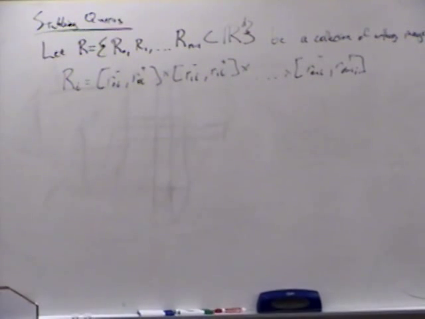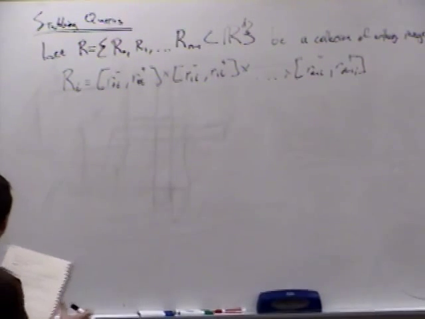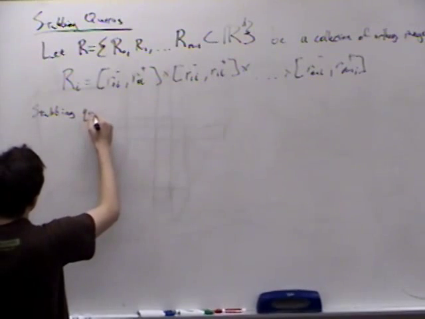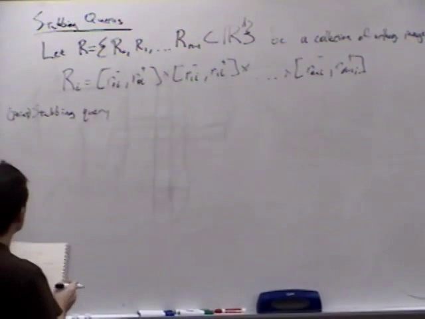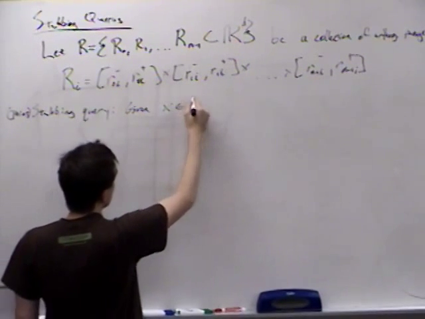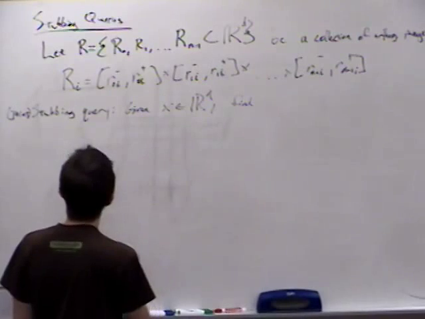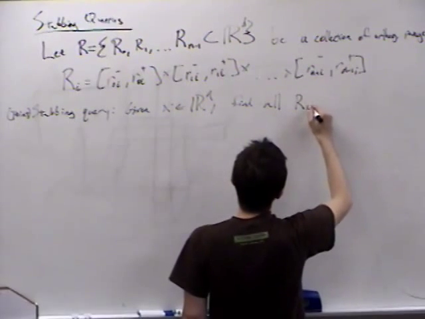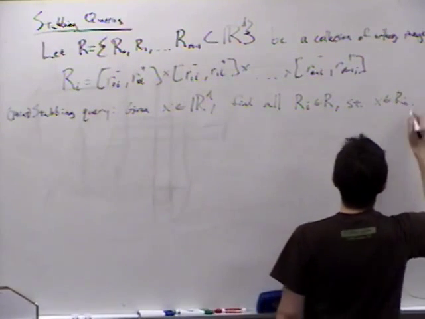Again, same thing as before. They're just ranges, Cartesian products of intervals. And a stabbing query is something where, given some point x in R^d, find all Ri in R such that x is contained in Ri.